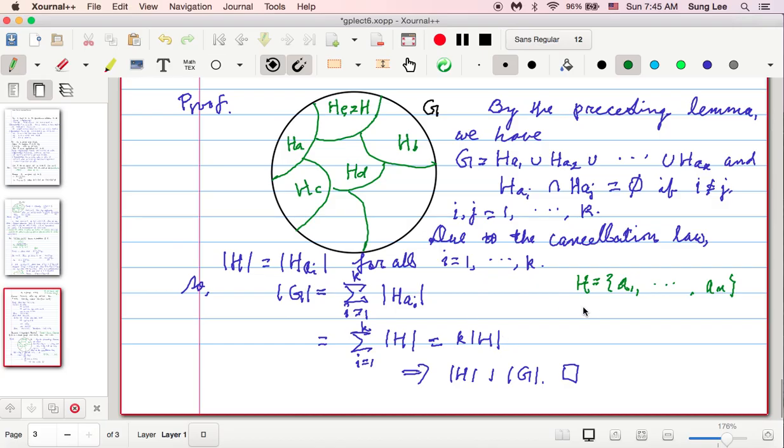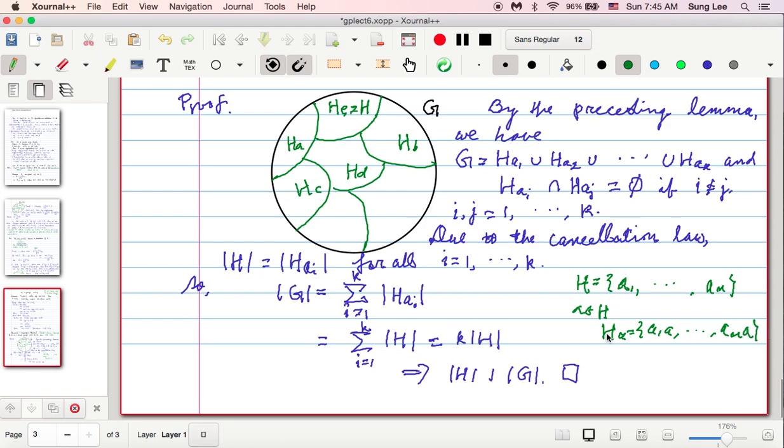So pick an element a in H, and we consider the following coset, with the coset notation I used earlier: a1 a, dot dot dot, a sub n a.